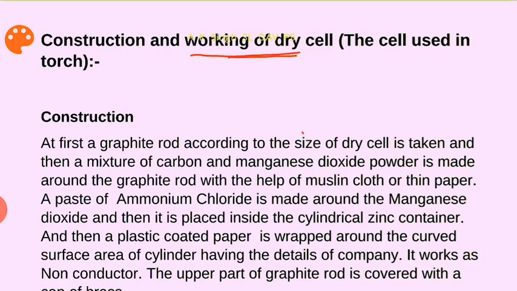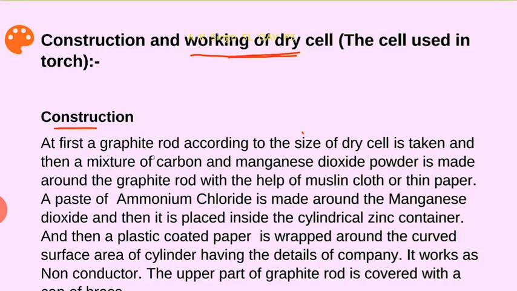Dry cells are used in torch, radio, wristwatch, calculator, etc. The most commonly used dry cell is the cylindrical cell used in torch, radios, watch, clock, etc. So, at first, the construction of the dry cell used in torch or radios.